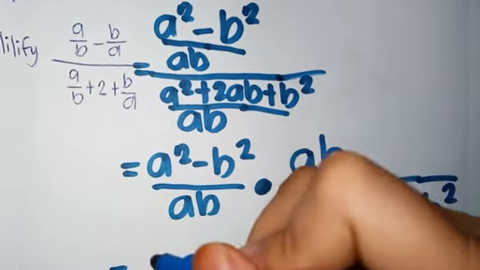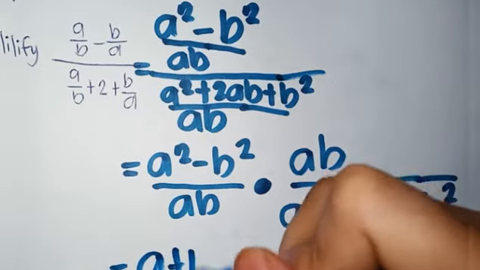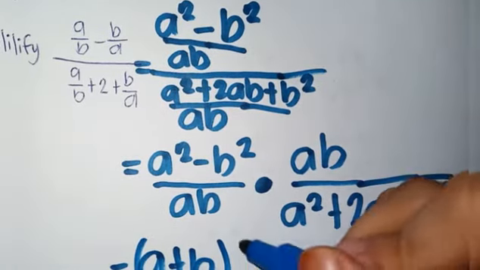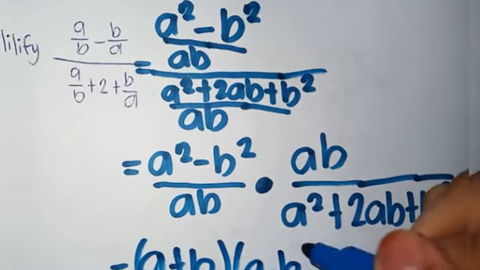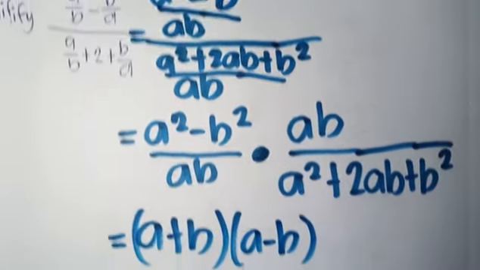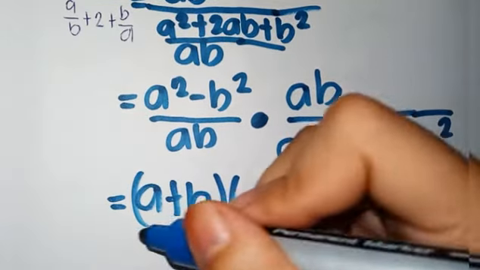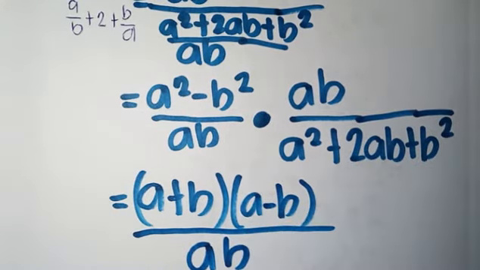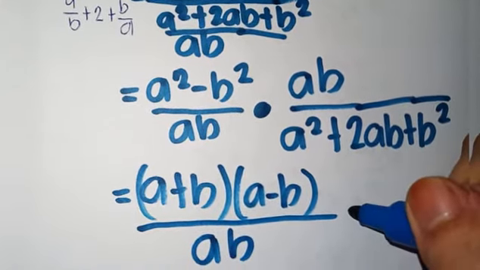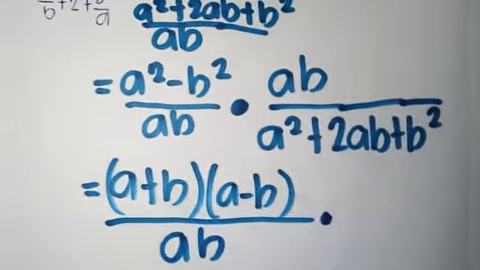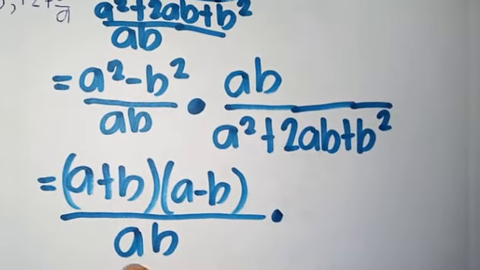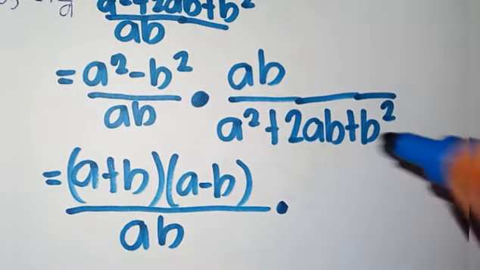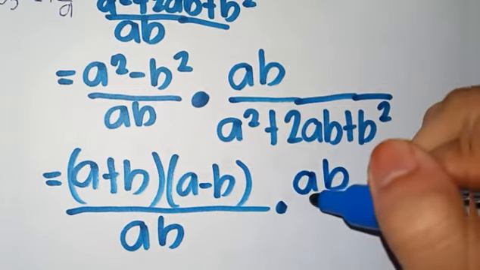So, we have magiging a plus b, then a minus b. Okay, so, sa ating denominator, i-copy na lang natin siya. So, we have a, b. The next, i-copy natin yung a, b since pares naman sila doon na pwede nating i-cancel mamaya. So, we have a, b.